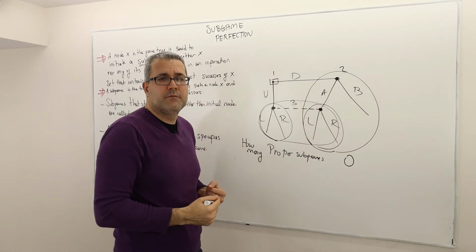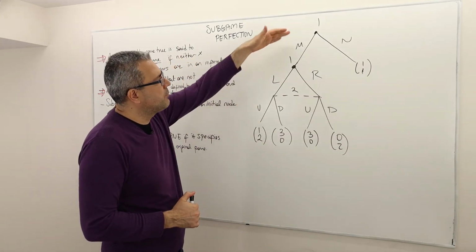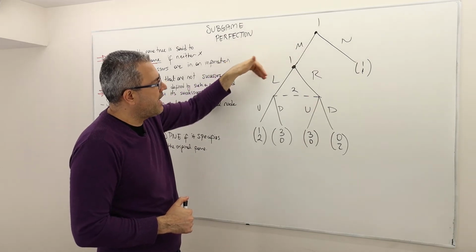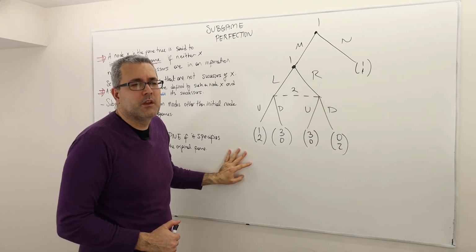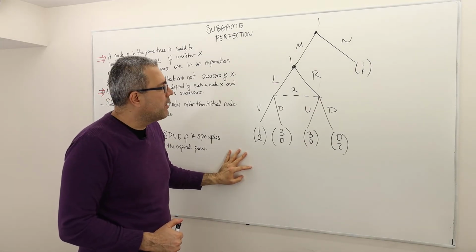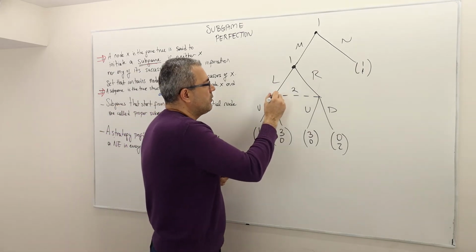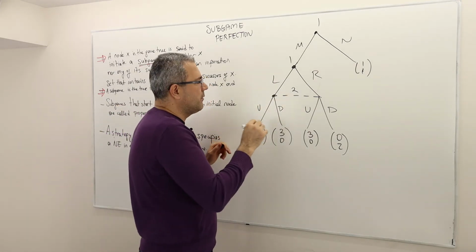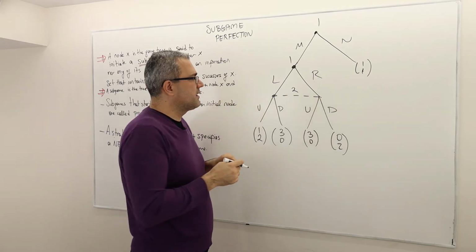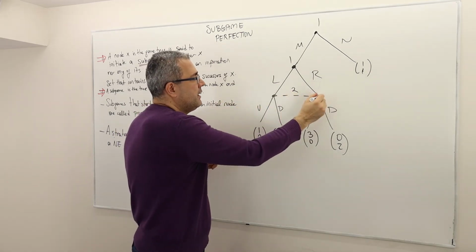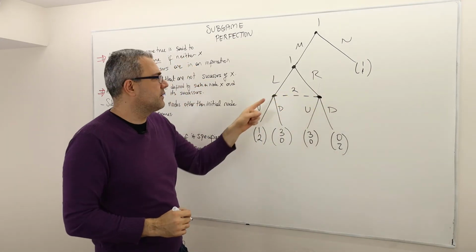Zero. There's none. Now let's look at this game. This game starts with player 1, and then player 1 moves again, and then player 2. So how many proper subgames are there in this game? If you look carefully, this decision node does not start a subgame because it is in an information set which is not a successor of this one.